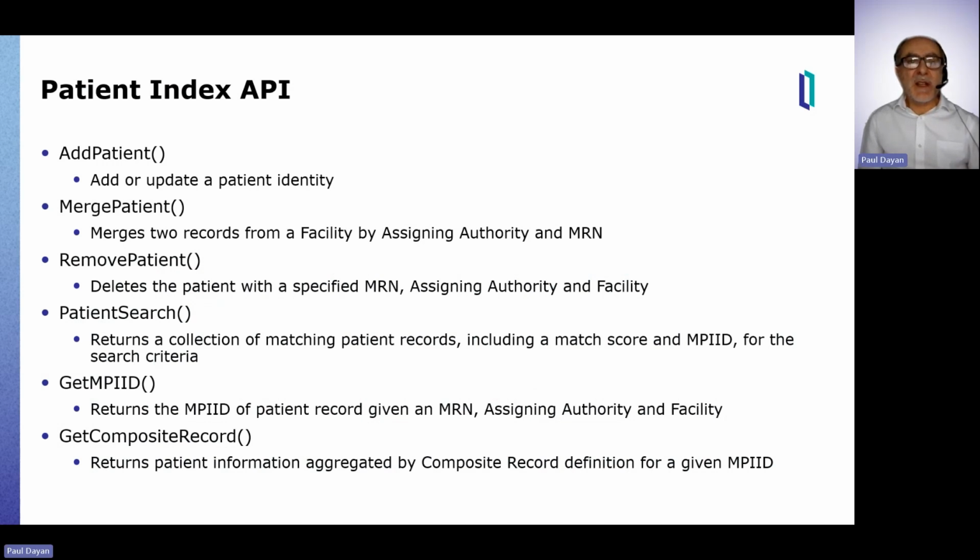The API allows an external application to add or update an identity, the same as if it was sent by a source system through Unified Care Record, merge two identities from the same source used when resolving duplicates in the source, delete an identity, search for matching identities given a set of search criteria, get the patient index unique identifier for a patient, the MPI ID, given the MRN of an identity, and get the composite record for a patient given the MPI ID.